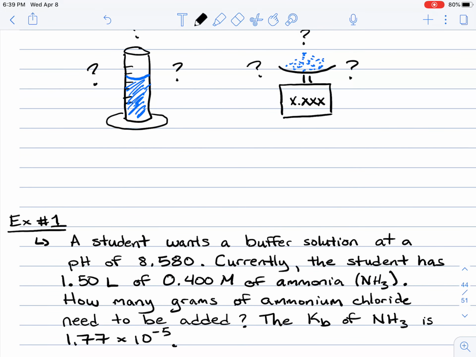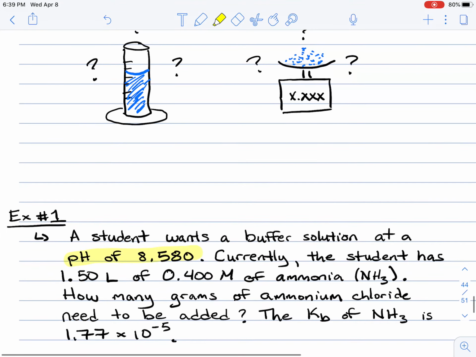A student wants a buffer solution at a pH of 8.580. So here we have a target pH of 8.580. Currently the student has 1.5 liters of 0.400 molar ammonia.